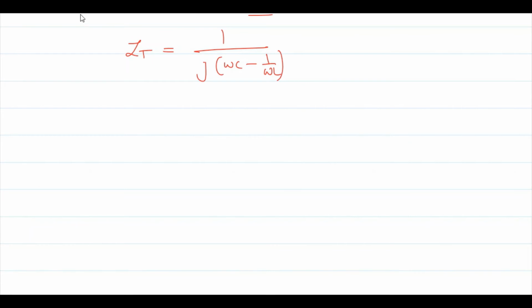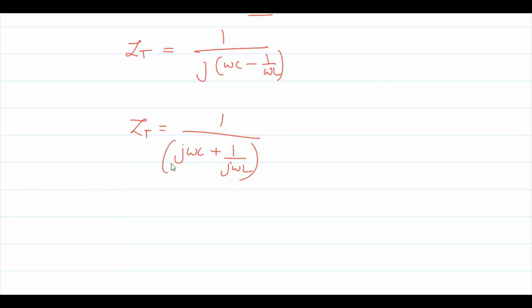Now, if you multiply j inside, it becomes ZT equal to 1 divided by (omega C into j, minus, taking that one below, minus of minus becomes plus, 1 by j omega L). So this is the total impedance of the circuit.